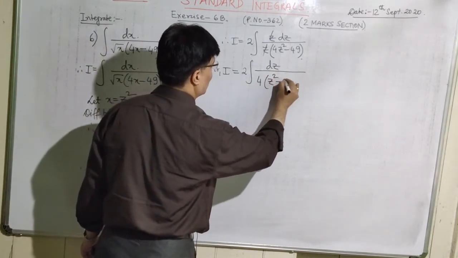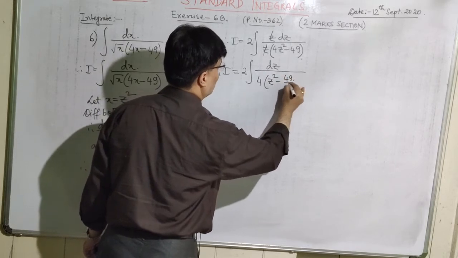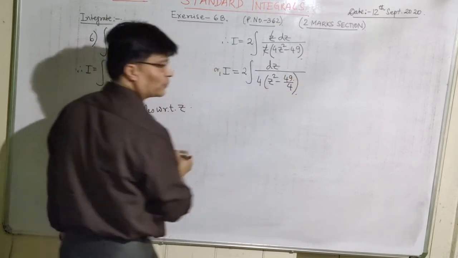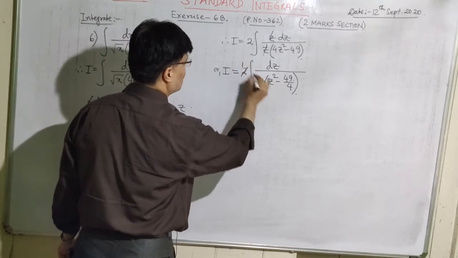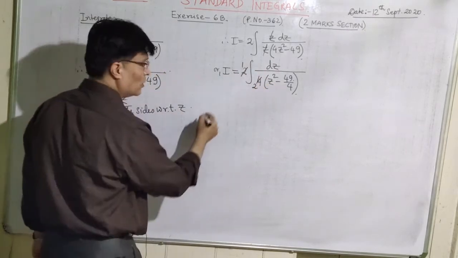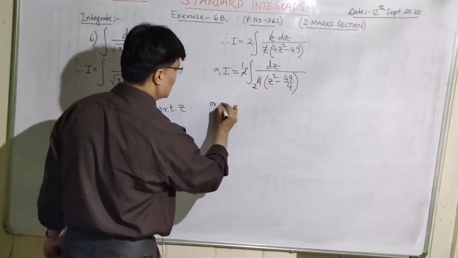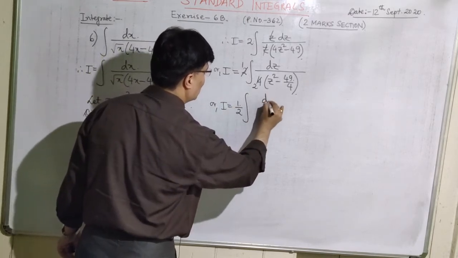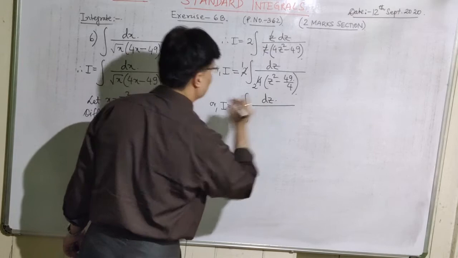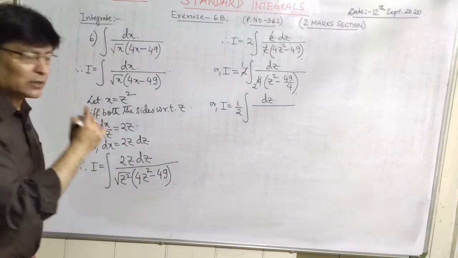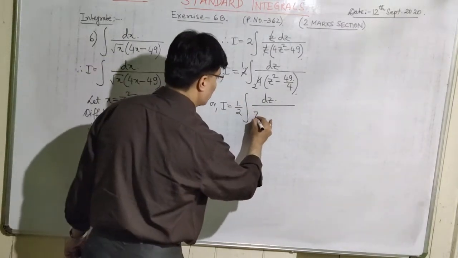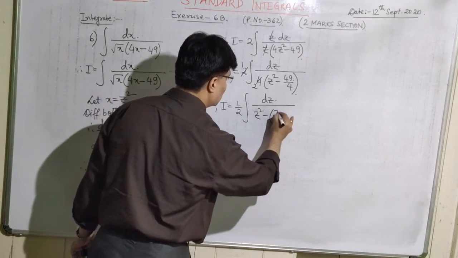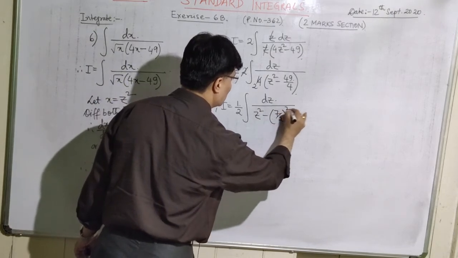So it is z square minus 49 upon 4, right? So here 2 1s are 2, 2 2s are 4. Which is constant here, again you can take outside, it is half integration of dz divided by, so let us convert them into standard form. So it is z square minus 7 upon 2 whole square.